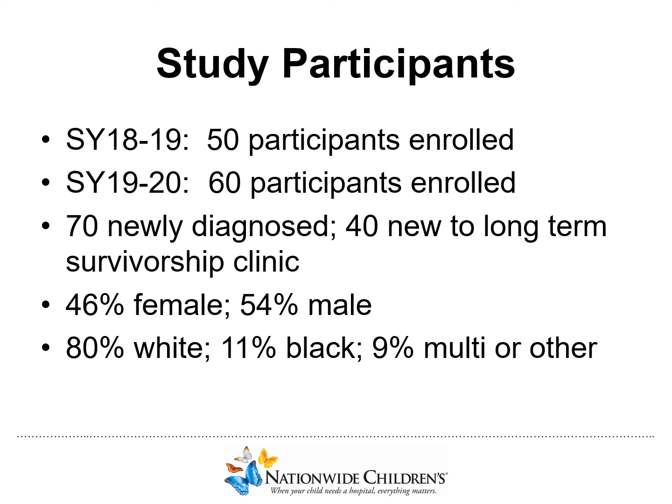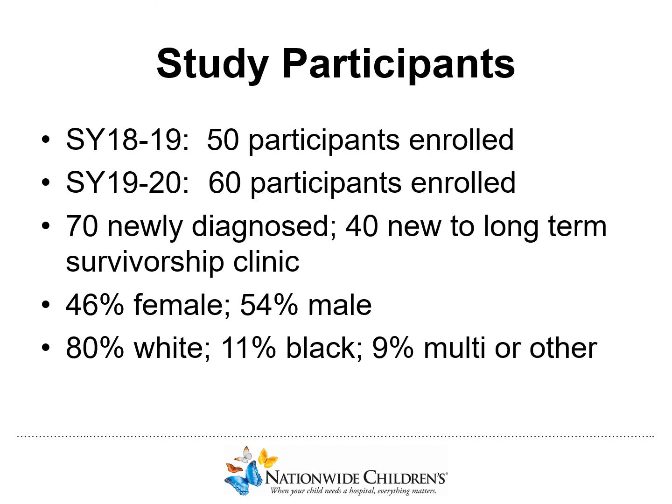So we ended up with 110 participants. 70 of our participants are newly diagnosed patients with an oncology diagnosis, and 40 were new to long-term survivorship clinic. They're coming to long-term survivorship for the first time, and in our institution, patients generally come to long-term survivorship anywhere between 3 to 5 years after they've been off treatment, after they've completed treatment.